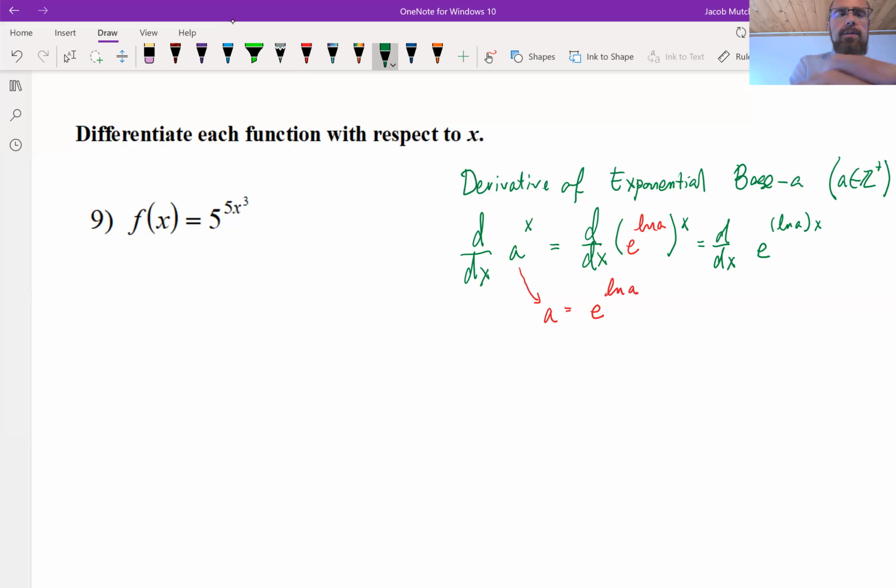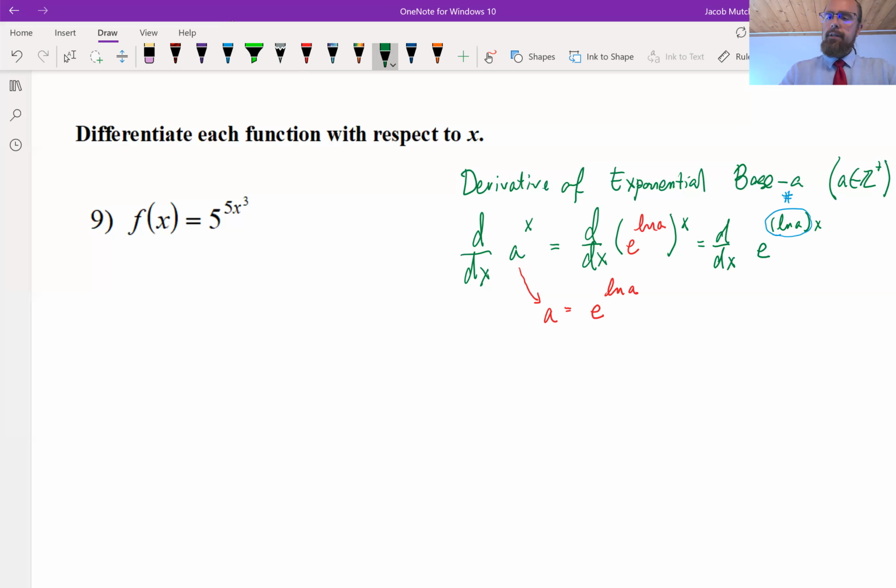What I need to note is that ln of a is just a numerical value. It's not a variable at all. That's because a originally was a positive integer. So natural log of a itself is going to be probably irrational, but just a number, no variable.